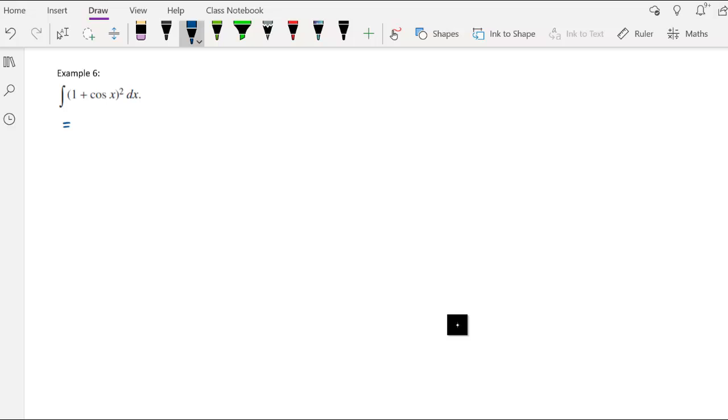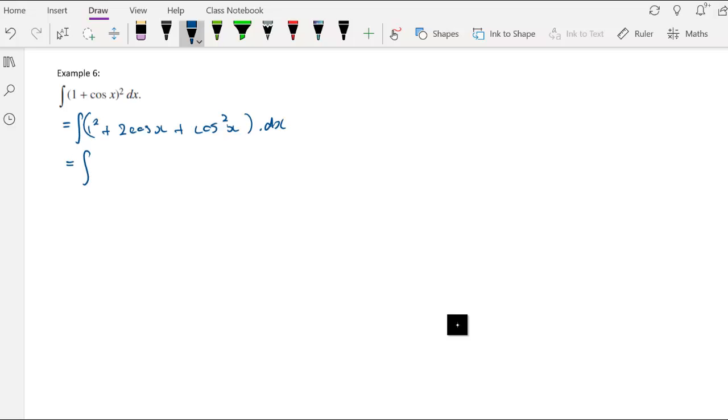Now I think the easiest way to approach this one is to expand it out. We're looking at the integral of 1 plus cos x all squared. So that means we've got 1 squared plus 2 times 1 times cos x, so 2 cos x, plus cos squared x.